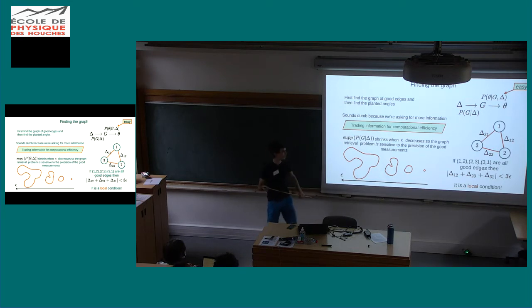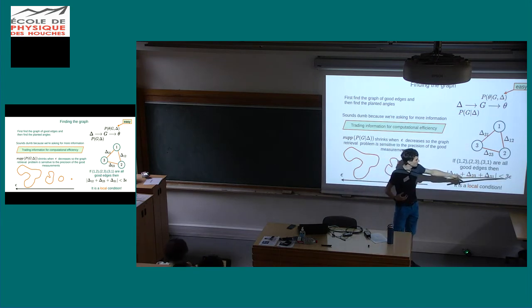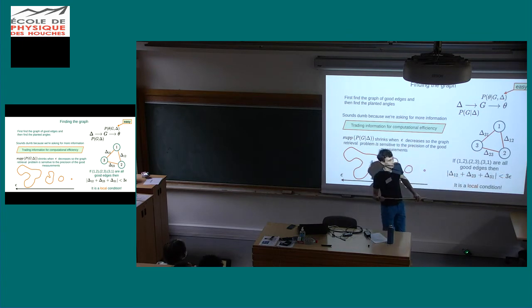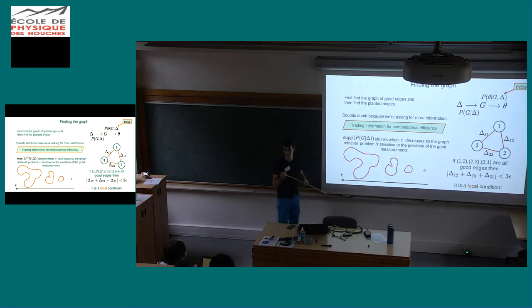Of course, the longer the cycles, the more noise you have to tolerate. If I had chosen a cycle of length 4, this would have been 4 epsilon, and the condition is less strict. So you should prefer smaller cycles, because they preserve the information more, being affected by less noise that accumulates when you sum the variables. I don't know if that answers your question.